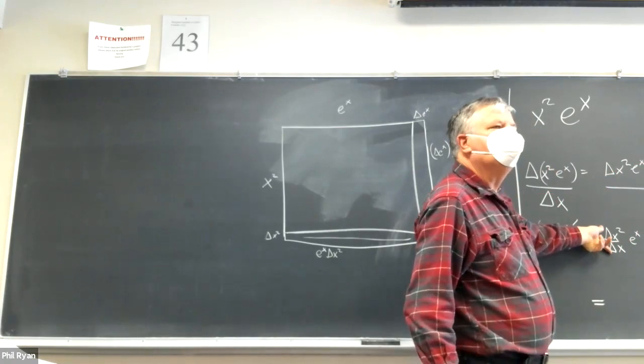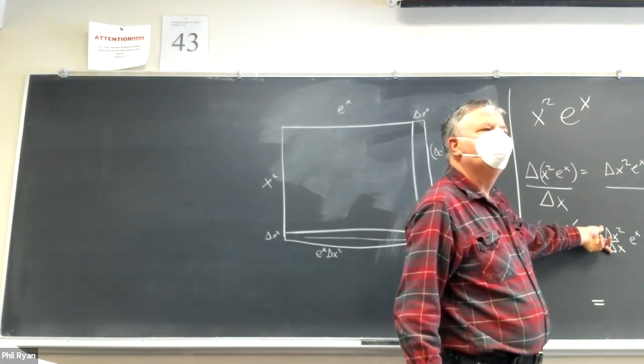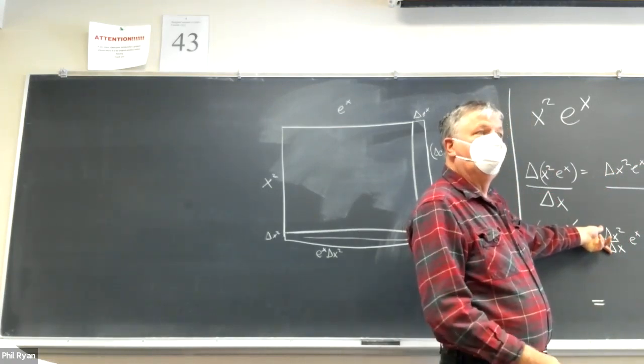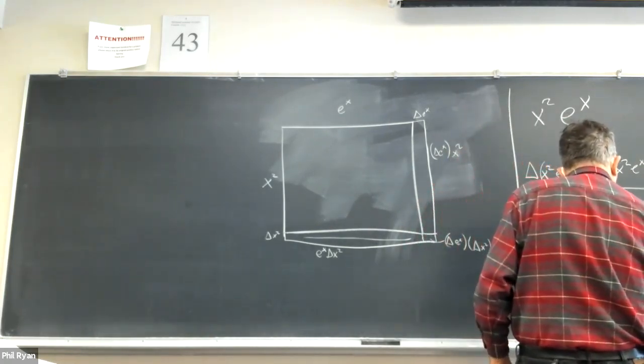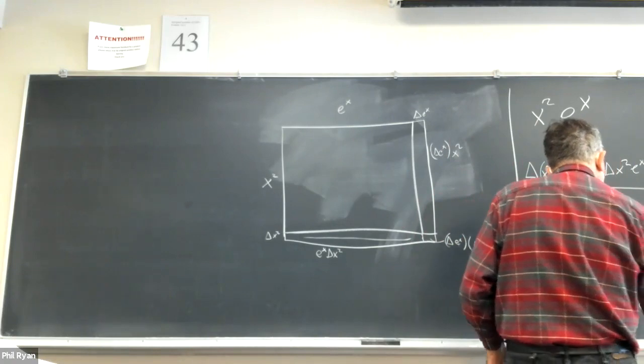When this becomes really small, what does this become? It's the derivative of x squared, right? Times e to the x.